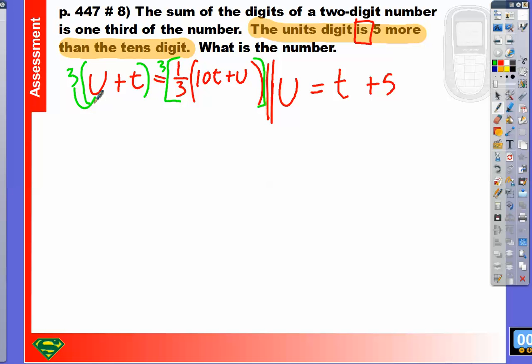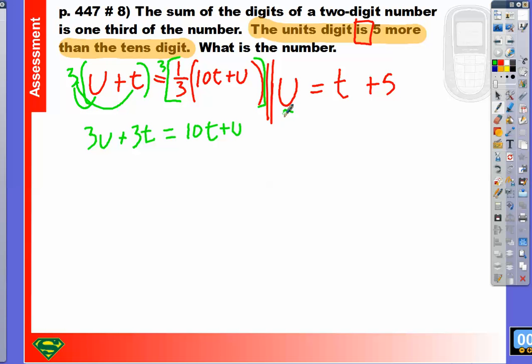What is 3 times u? 3u. What is 3 times t? 3t. And this is going to be equal to, well, 3 times 1/3. 1. Oh, so I just end up with 10t plus u. So let's take a look here. Oh my goodness, we have u isolated. U is equal to t plus 5. So what can I write instead of u?